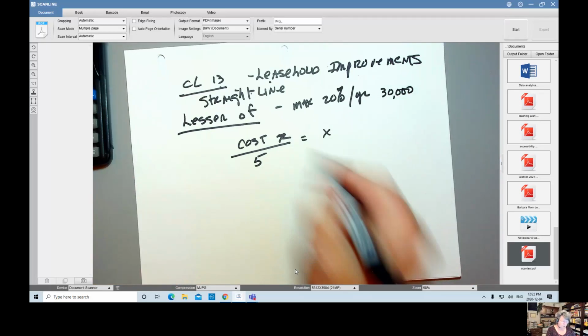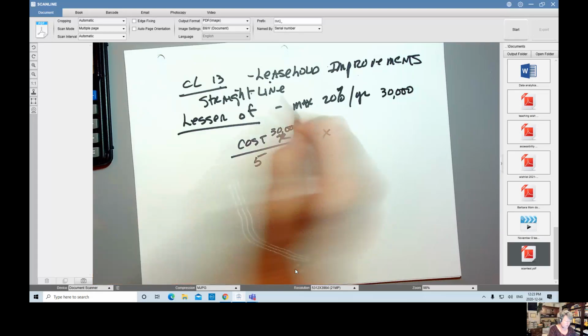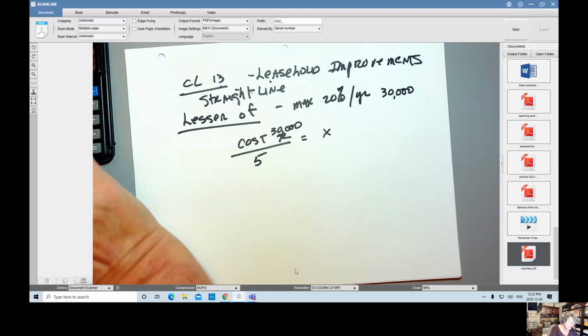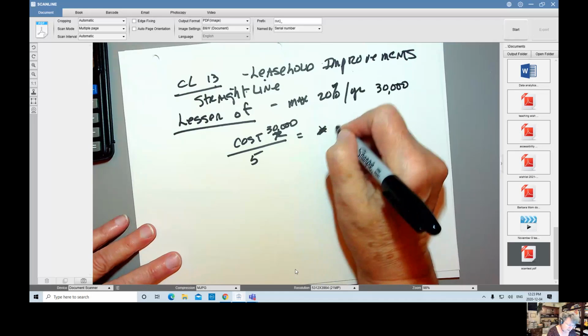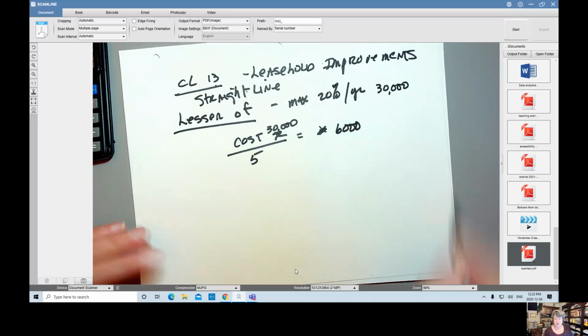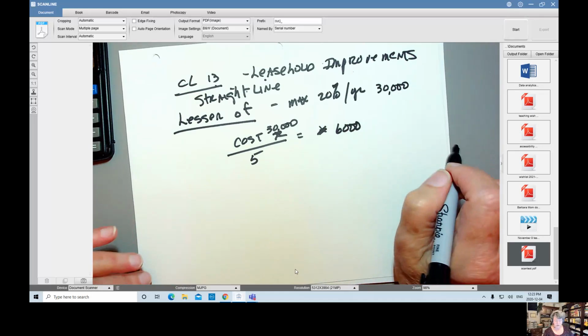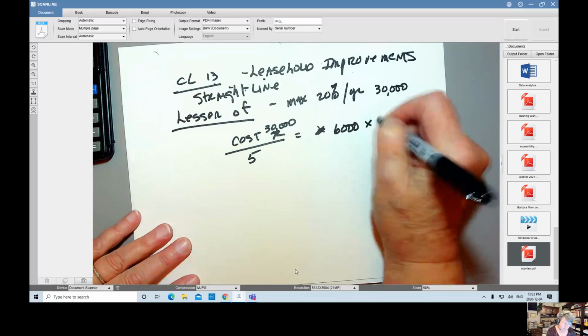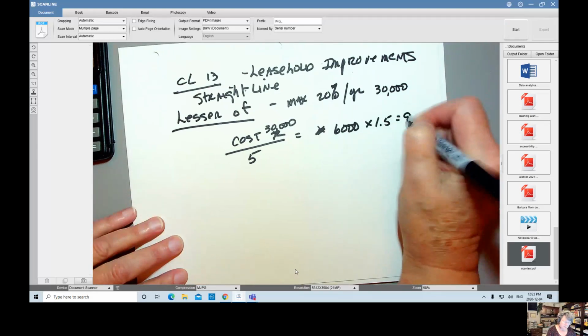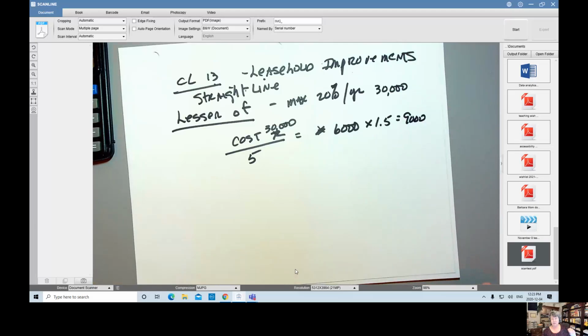That would be 30,000 divided by 5 is 6,000, which would be our CCA for year 1 and then every year thereafter. And again, you'd multiply by 1.5, as I mentioned with class 14, to get your accelerated CCA.